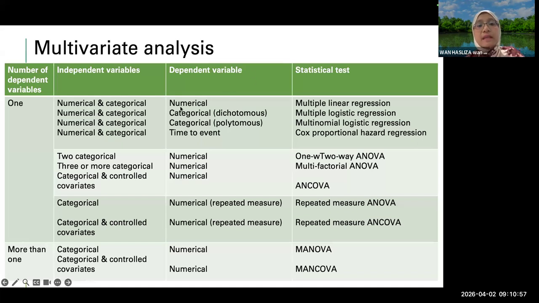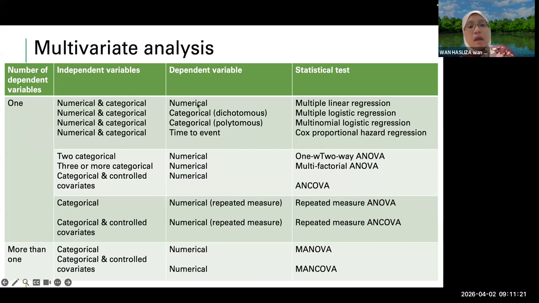But your dependent is now numerical. Your outcome is numerical data. So you can use multiple linear regression. This is very familiar and very famous among PG students. They use multiple linear regression if their dependent is numerical.